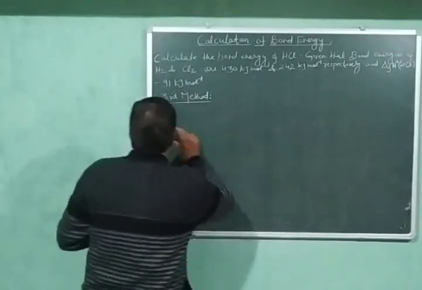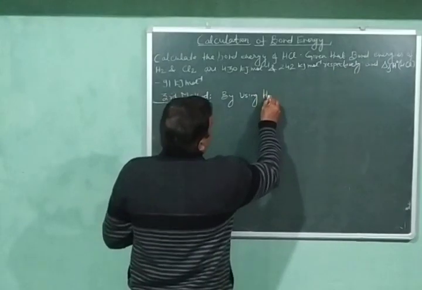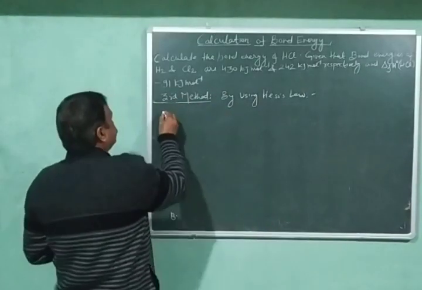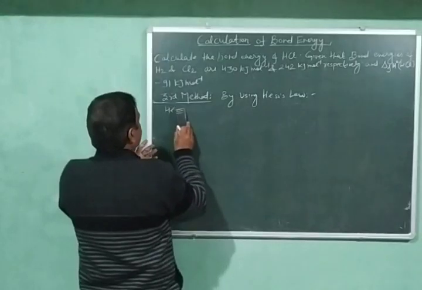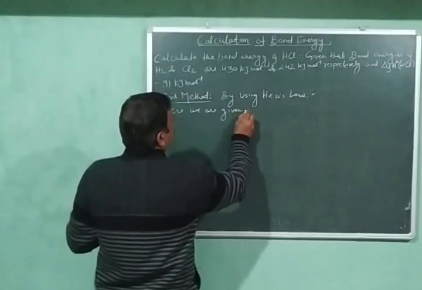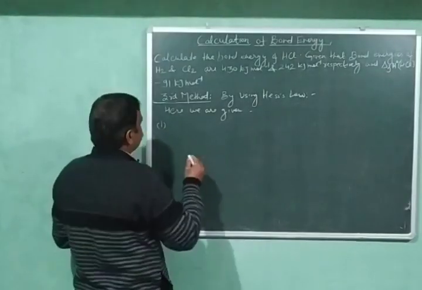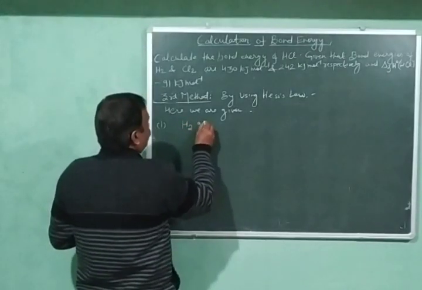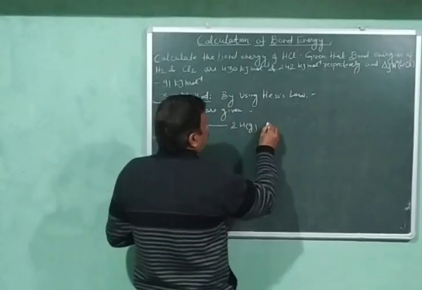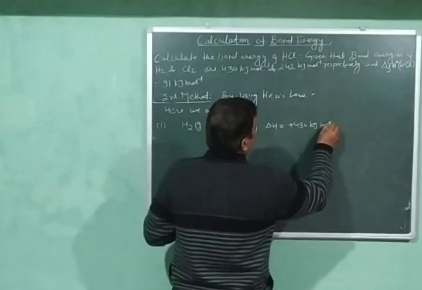Okay, so here we are given that the bond energy of hydrogen molecules, that is, 1 mole of hydrogen molecules is dissociated into 2 moles of hydrogen atoms, and delta H of this reaction is equal to plus 430 kilojoule per mole.